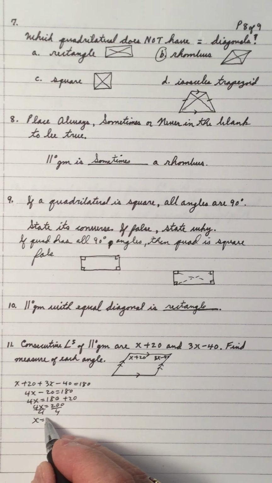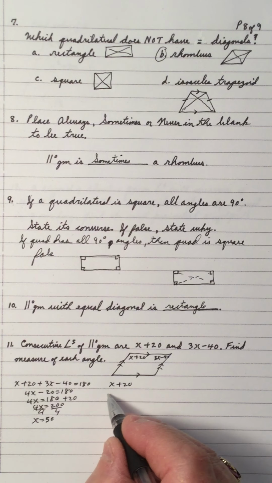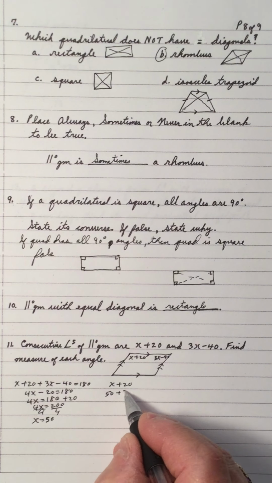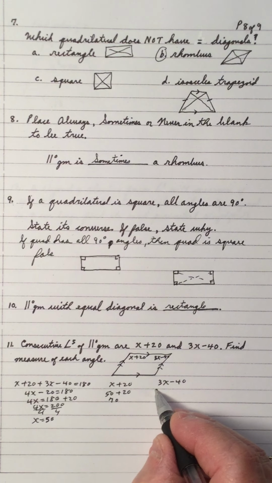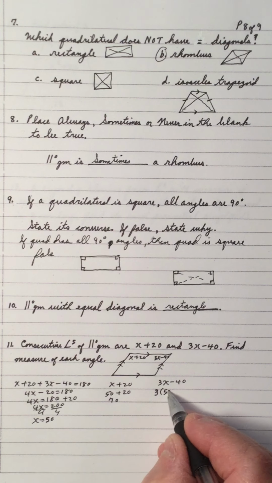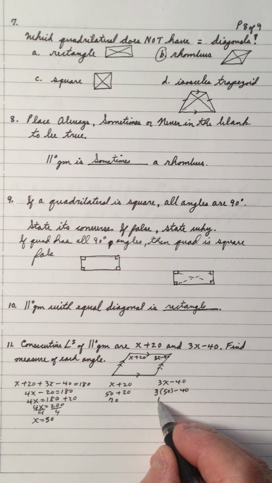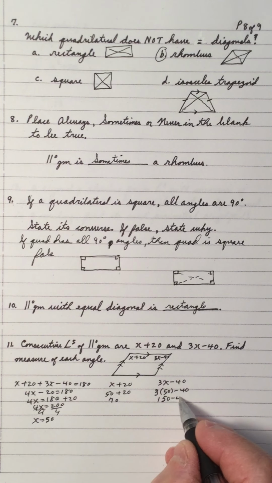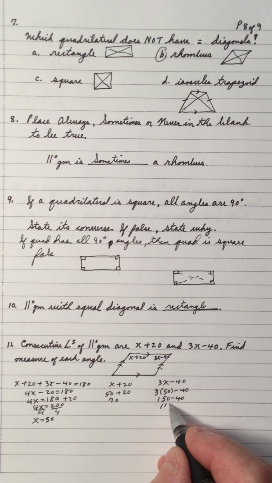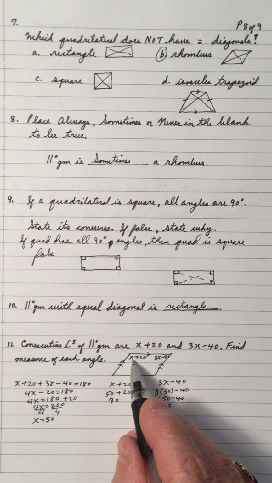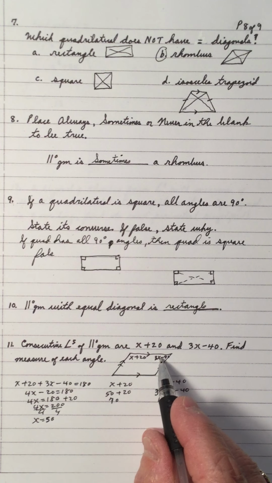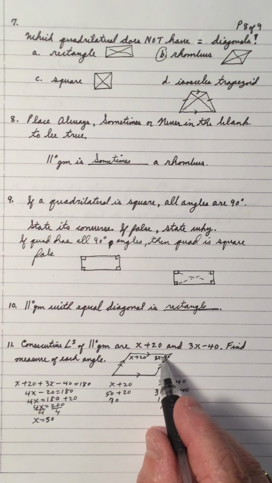So if x is 50, that means x plus 20 is 50 plus 20, so 70. And 3x minus 40 is 3 times 50 minus 40, 150 minus 40 is 110, which makes sense. I didn't have to do that. Once I got a 70 here, I know this is 110 because these two angles add up to 180.